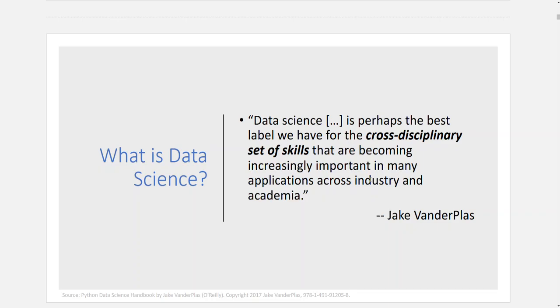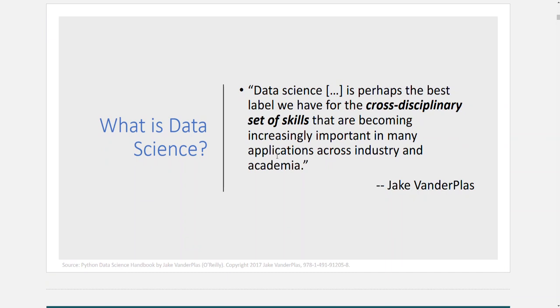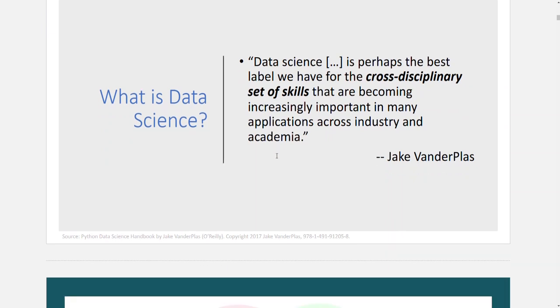It'll all be part of the O'Reilly library, if you will. Okay. So here's what it is that we're doing, and we're going to keep coming back and focusing on this cross-disciplinary set of skills.